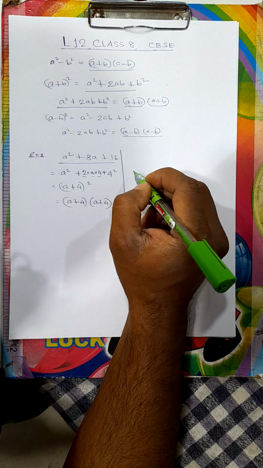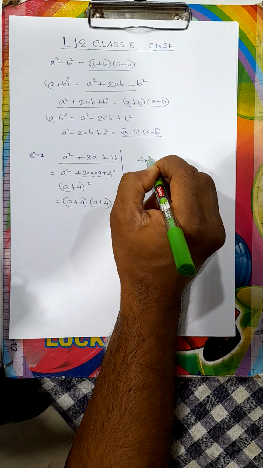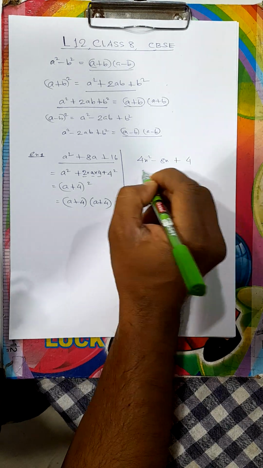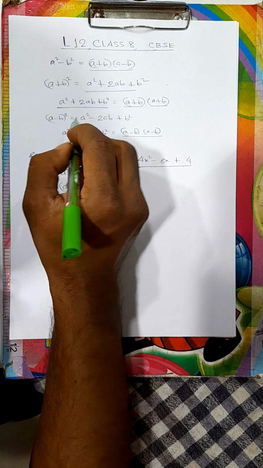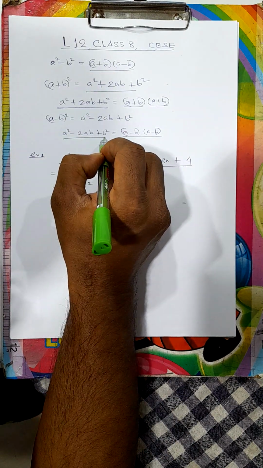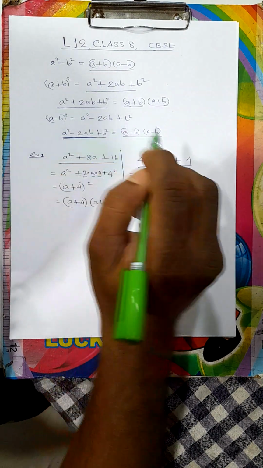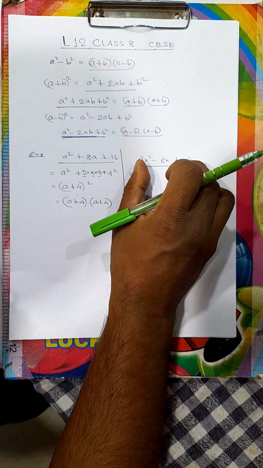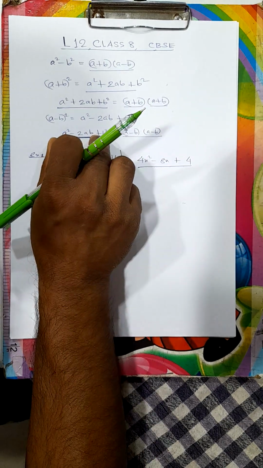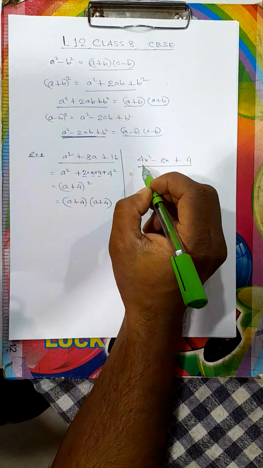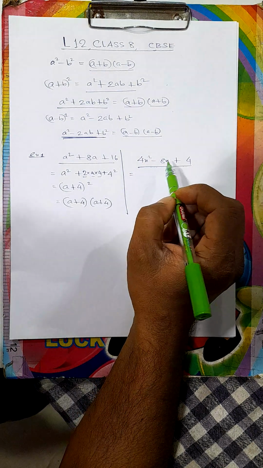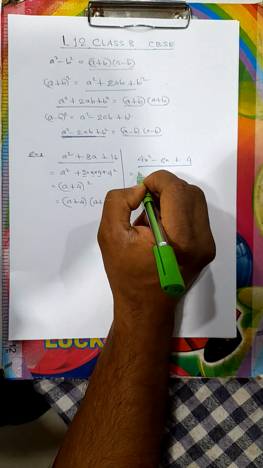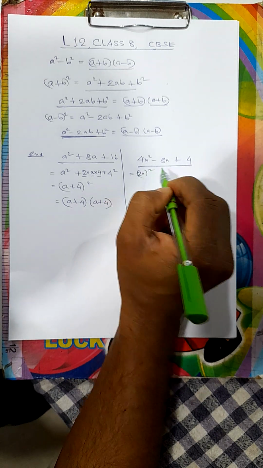Now think about this: 4x square minus 8x plus 4. You can compare this trinomial with the identity a square minus twice ab plus b square. If we can convert it into this format, then we can factorize it like a minus b multiplied by a minus b. The first term is a perfect square, we can write it as 2x whole square.